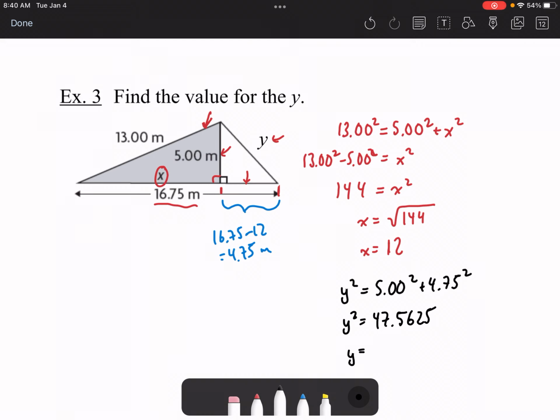To work out y, I just need to work out the square root of 47.5625. And that works out to about 6.897. And again, use the measurement units, meters. And thus concludes this lesson on how to solve for lengths of right angle triangles.